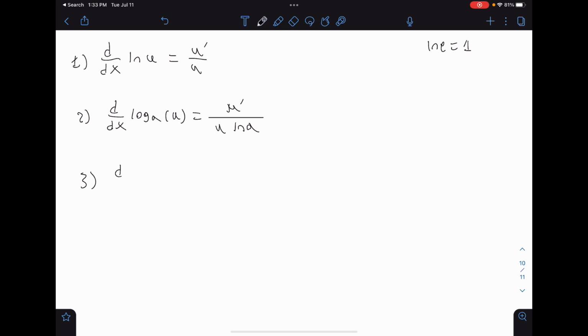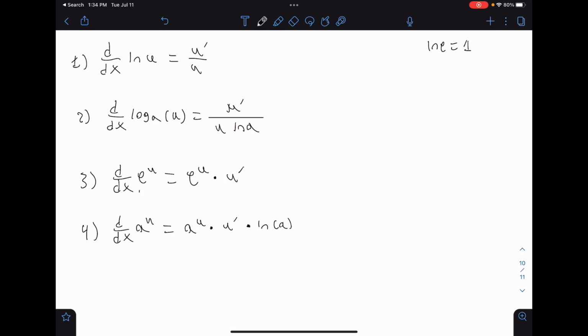Third, we have the derivative of e to the u, and we established that the derivative of e to the u is just e to the u, but multiplied by u prime. This is all because of the chain rule, but you can also remember these formulas. And we also said that the derivative of a constant raised to the power of a variable, so the derivative of a to the u, is just a to the u times u prime from the chain rule, but we also have to multiply this by ln of a.